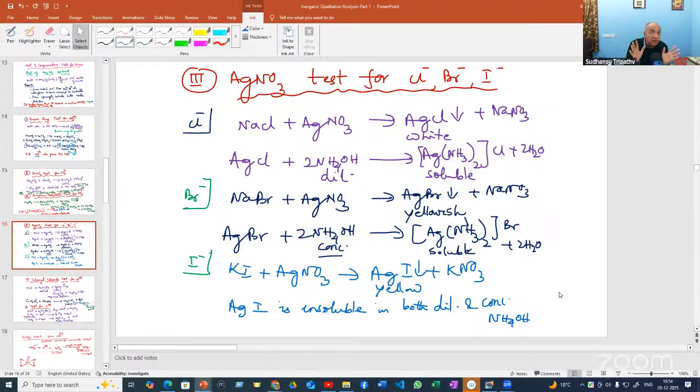But if you have patience, continue to add silver nitrate, and you will find a white precipitate will come very, very late. Because KSP of silver chloride is only 10 to the power minus 10, while that of silver bromide is less, maybe I'm just telling a fictitious value, say 10 to the minus 15, and silver iodide is 10 to the minus 40, for example. I don't remember. So it comes one after the other.